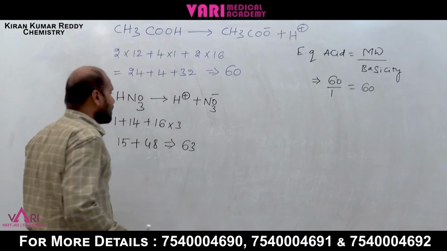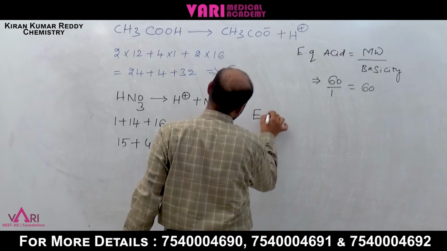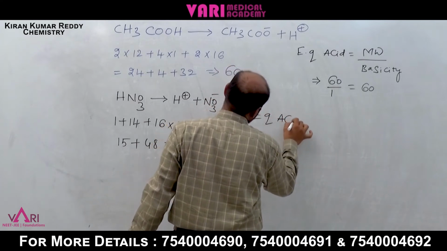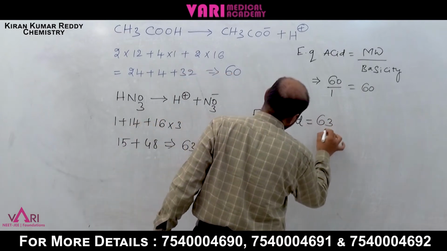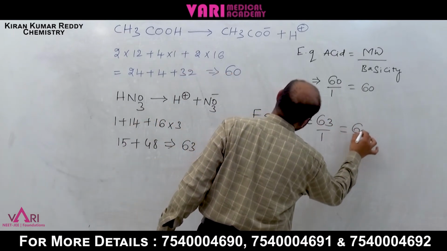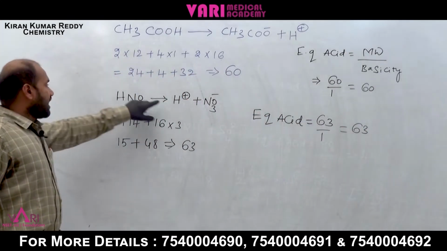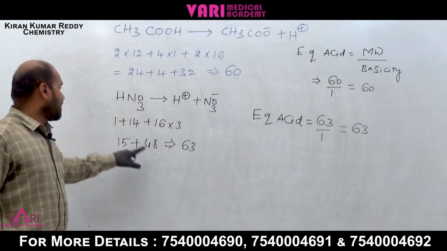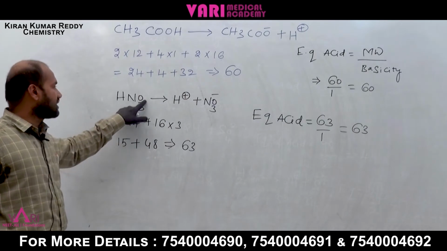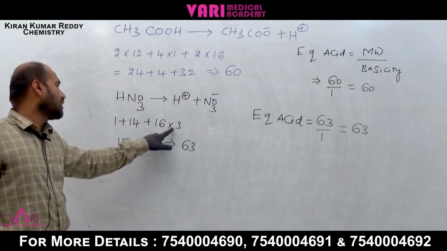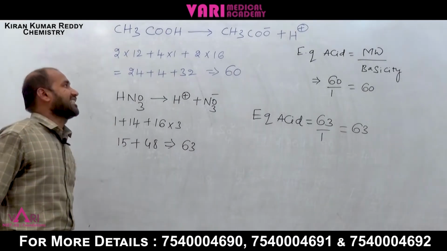Now the molecular mass of HNO3 is 63, and equivalent weight of acid is equal to 63 by 1, that is equal to 63. HNO3 is H plus, NO3 minus. Hydrogen atomic mass 1, nitrogen 14, oxygen 16 into 3 is 48, 14 plus 1 is 15, total is 63.